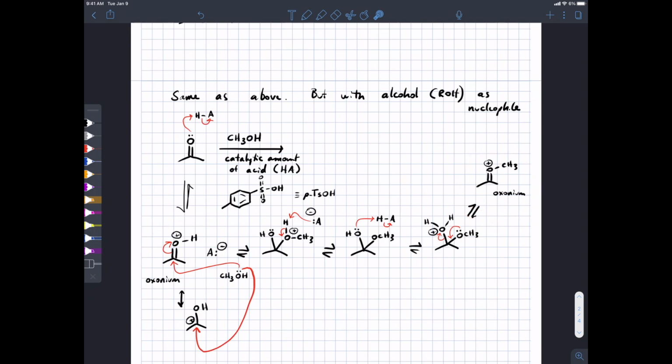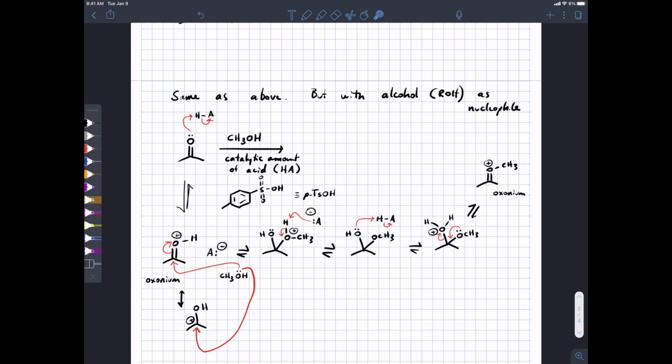Oxonium describes a positive formal charge on an oxygen. You can have that for different reasons. In this case, over here to the left, it's positively charged because of a proton. Here, it's positively charged because of a methyl group. So oxonium doesn't refer to a specific molecule, but rather the pattern of a positive formal charge on an oxygen. All right.